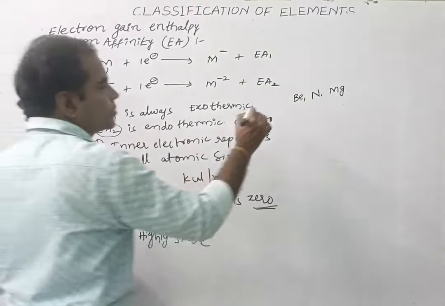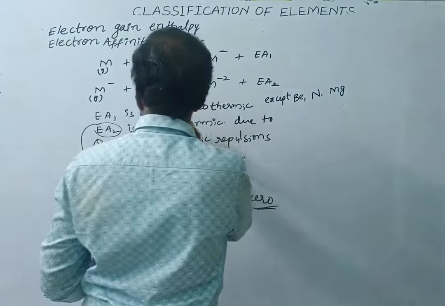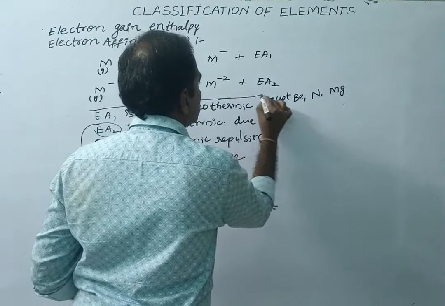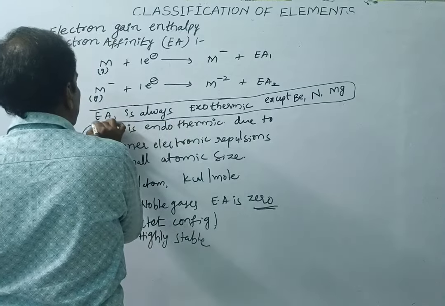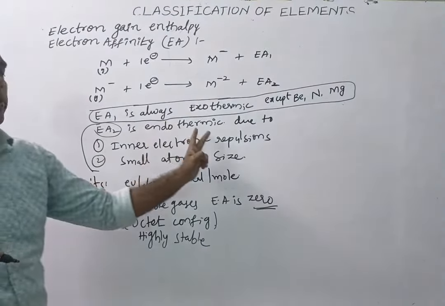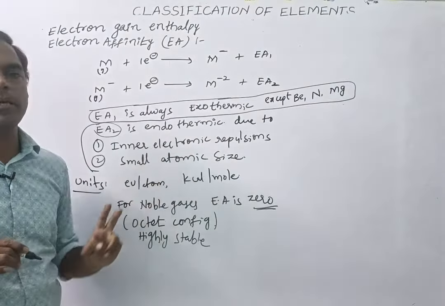Remember, EA1 is always exothermic except for beryllium, magnesium, and nitrogen, whereas EA2 is endothermic due to inner electronic repulsions and small atomic size.